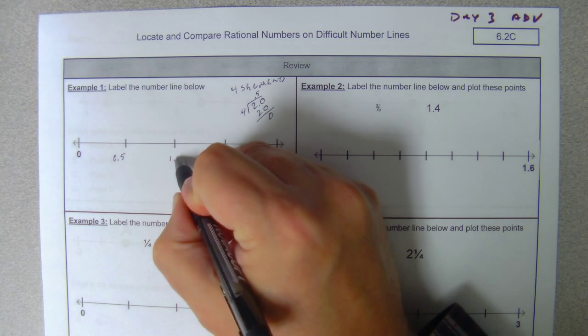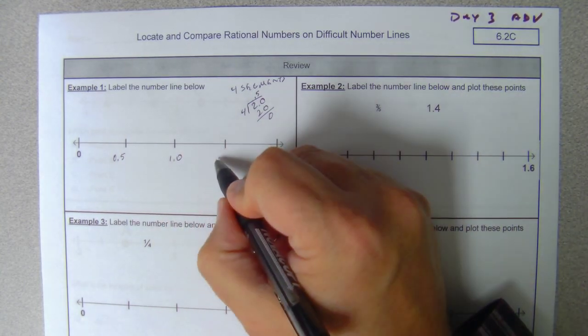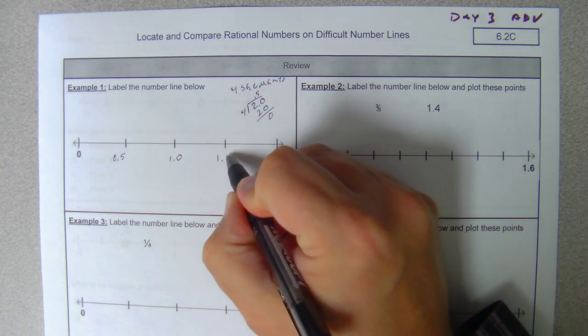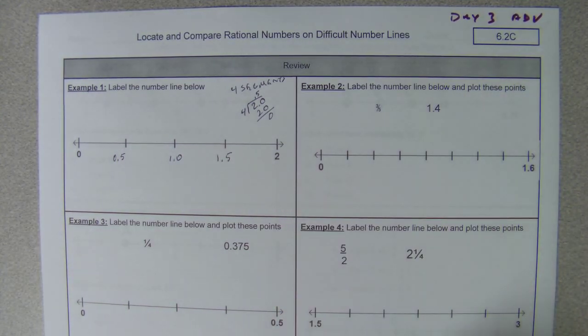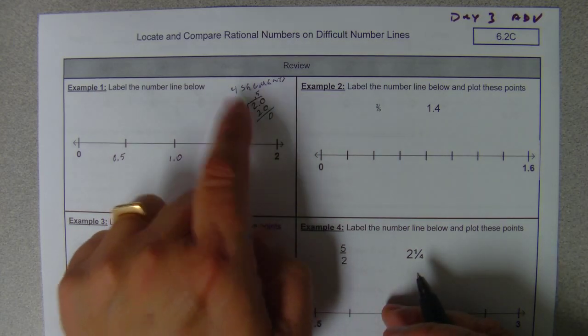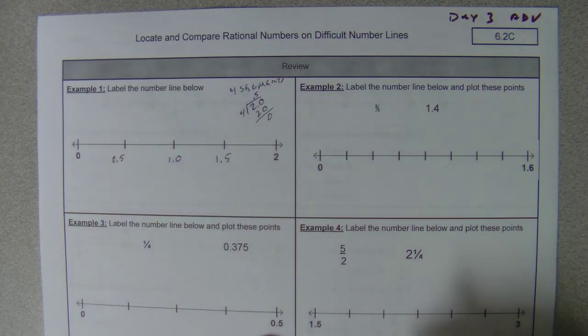This one would be 1. This one would be 1.5, and there you have 2. Now it seems relatively easy, but it's going to get a little bit more difficult if you don't follow this construct. Okay? Label the number line below and plot these points.